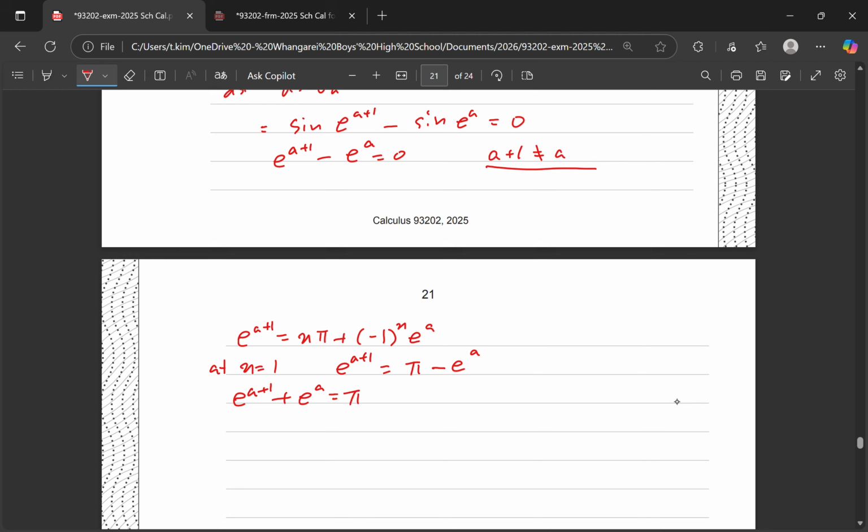So we factorize by e to the power of a. So that's e to the power of a times (e plus 1) equals pi. Hence e to the power of a equals pi over (e plus 1), right? What do we have to do to find a? Put ln on both sides.